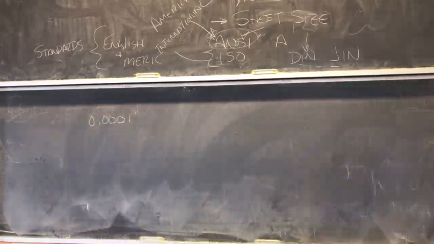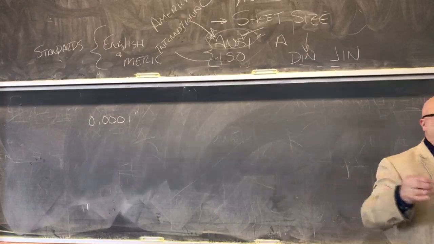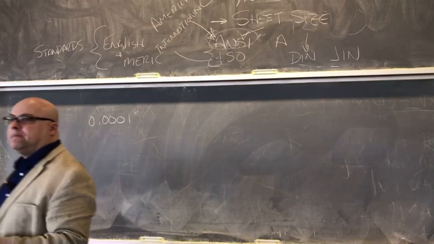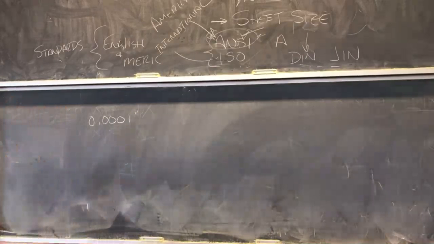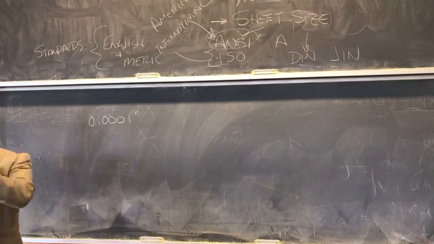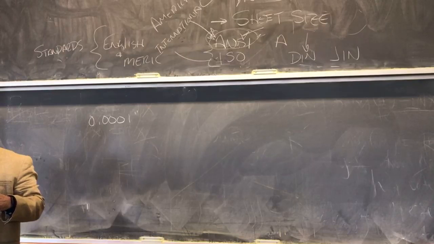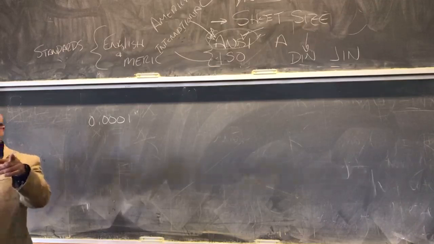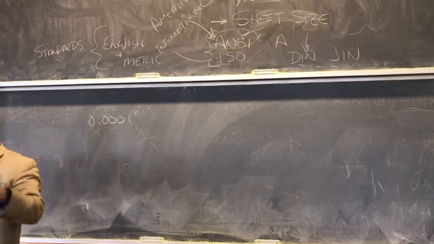Anybody know what the advertised repeatability of a Haas CNC machine is? And so when a company, actually, what do we mean by repeatability? No, I mean, it impacts that, but that's not what we mean by it.